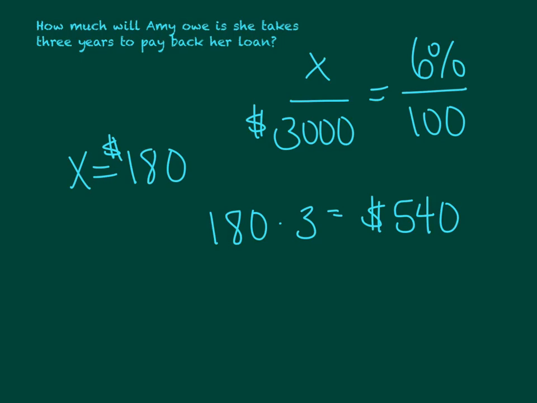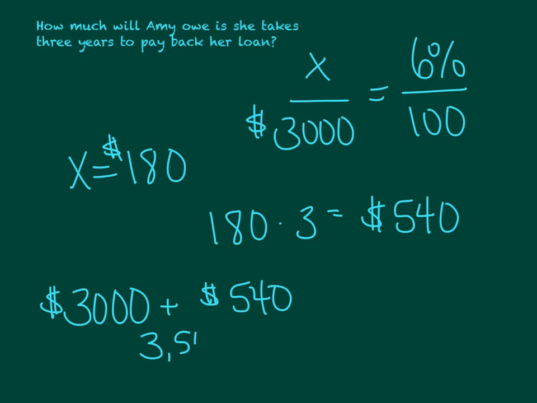Now Amy owes $540 in interest, except we have to remember she also owes that $3,000 amount. So $3,000 plus the $540 is going to give us our amount of $3,540.